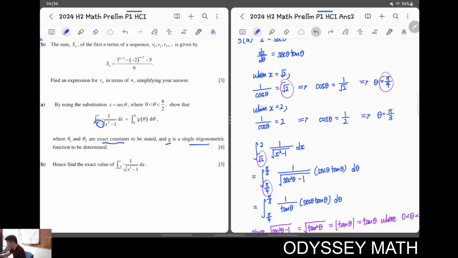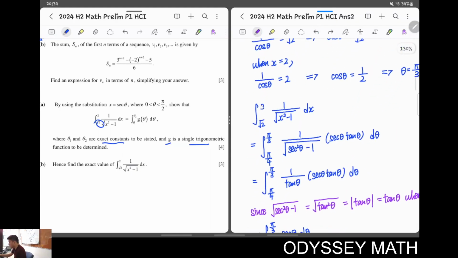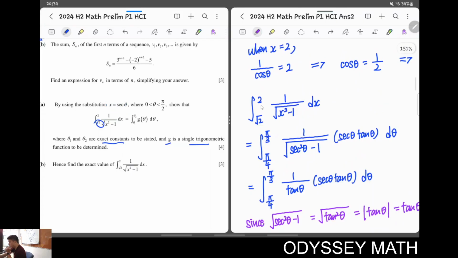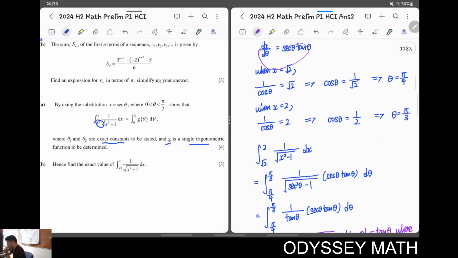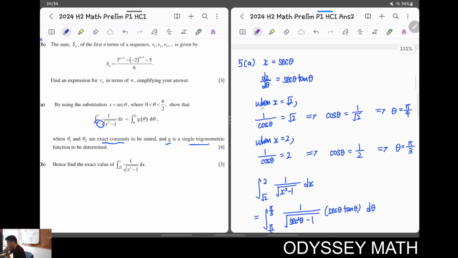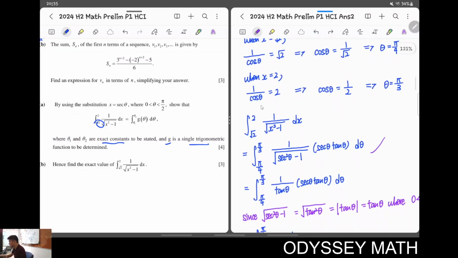Then you replace everything with the substitution process. So your x is secant theta, and it will be 1 over secant theta times the square root of secant squared theta minus 1. Your dx is secant theta tangent theta times d theta. Now this is from your trigo identity.